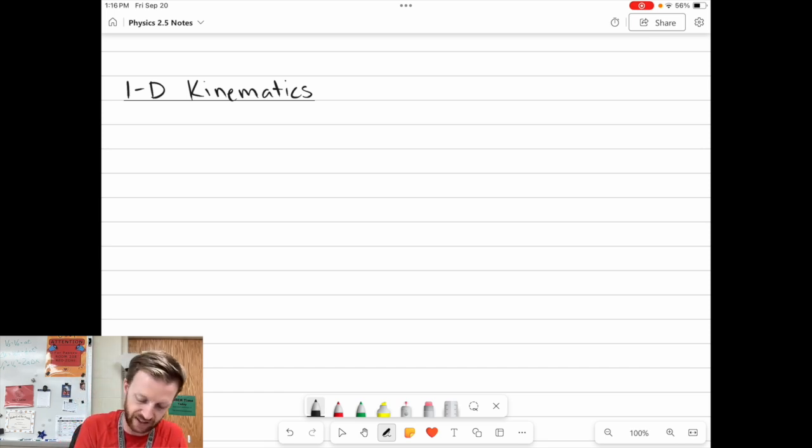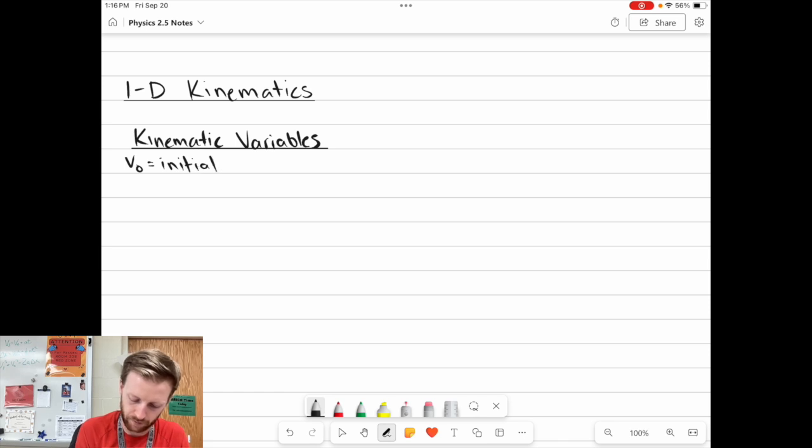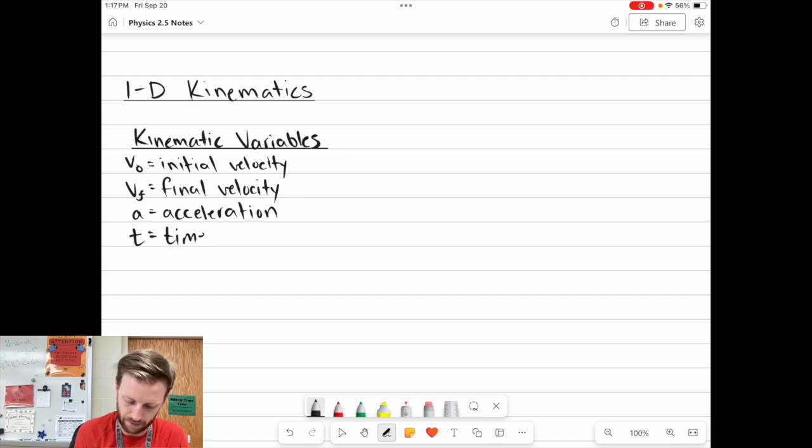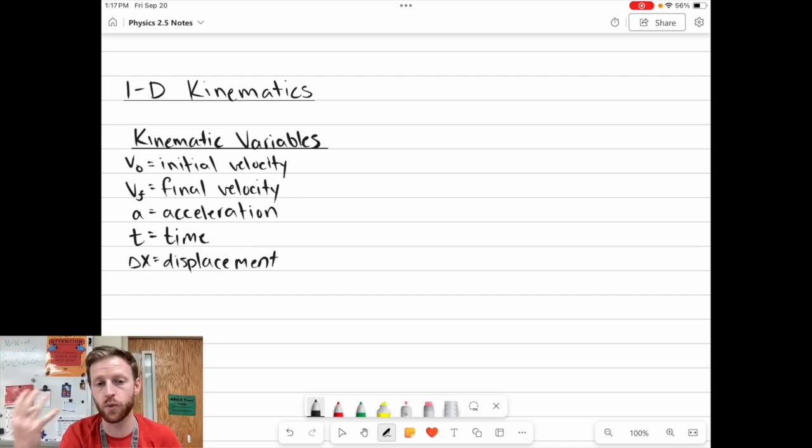So we get what are known as the kinematic variables, which are everything that we've learned so far: our initial velocity, the final velocity, Vf, acceleration, A, T for time, and then delta x for displacement.